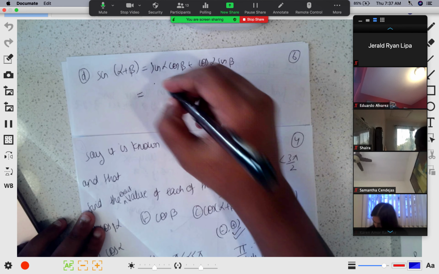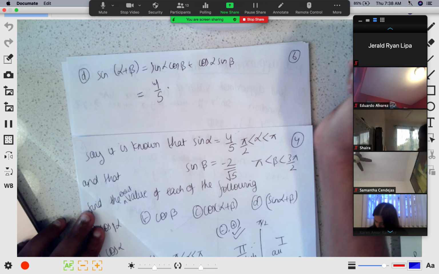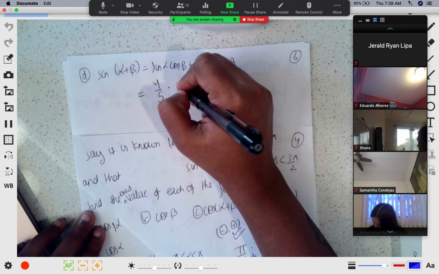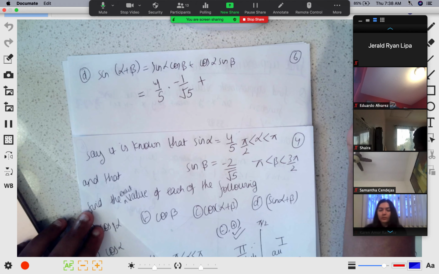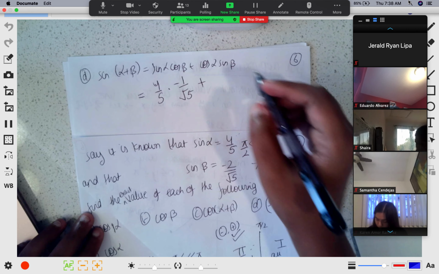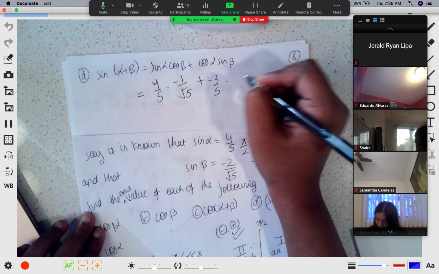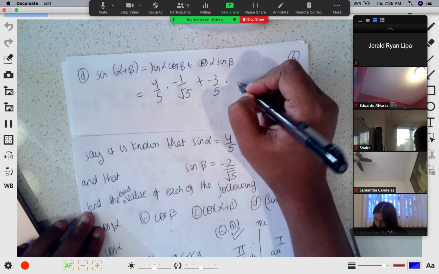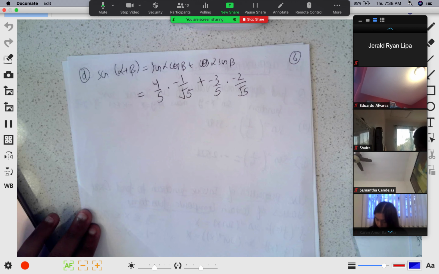And cosine beta we found, which was -1 over root 5. Sine beta we found was -2 over root 5. Did you copy it? Oh no. Okay, that's why you don't know. You just plug in the values. When you solve, what do you get?